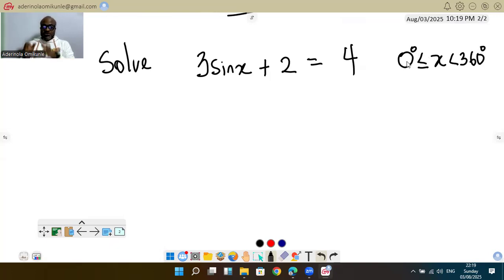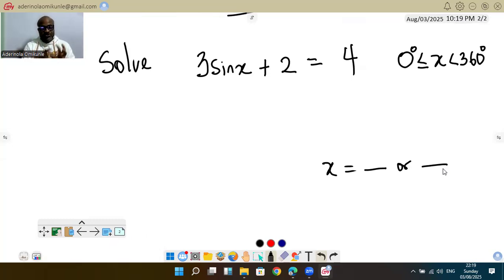Sometimes the answer space has 2 spaces, but you don't have to wait for that before you know you're supposed to get 2 angles. Once you see this type of question, there are usually 2 angles you get. Anytime you're told to find the value of an angle and the range goes beyond 90, then obviously it's going to be 2 values. I'm going to tell you quickly how to get the two values.